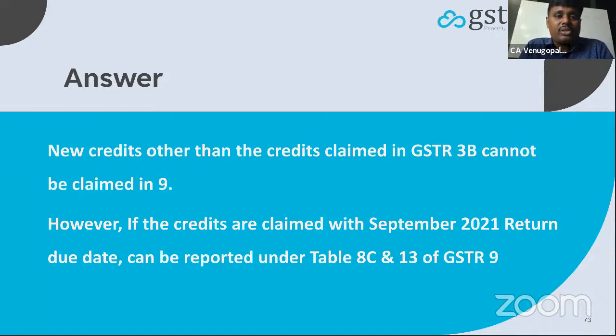In the books of accounts, it is only at one place. So if you're reconciling with the books of accounts, to 6, you add 13. If you're reconciling with 3B, then you have to reconcile only 6 and 3B. So with what you are reconciling also matters. The answer is credits can be claimed, but you cannot report additionally in 9 if it is not claimed in 3B.